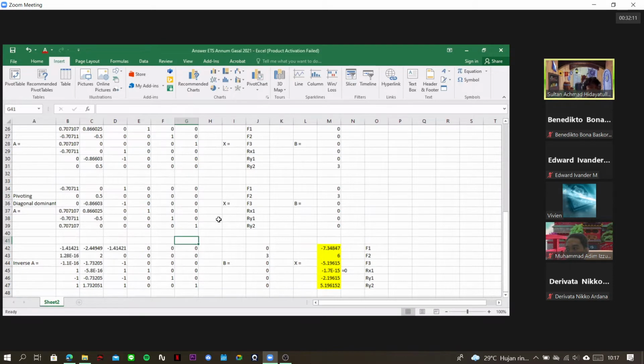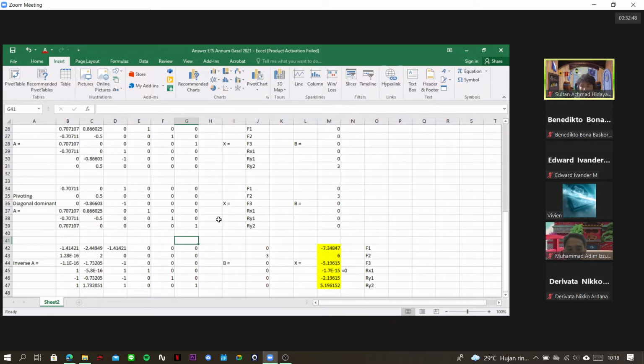And if a few of us have a grade below the KKM, will there be a remedial or something that we need to do? Okay, I'll check the result again later, and we will decide that after we finish the marking. I will let you know through the WhatsApp group. Okay, ma'am. Thank you very much for your information.